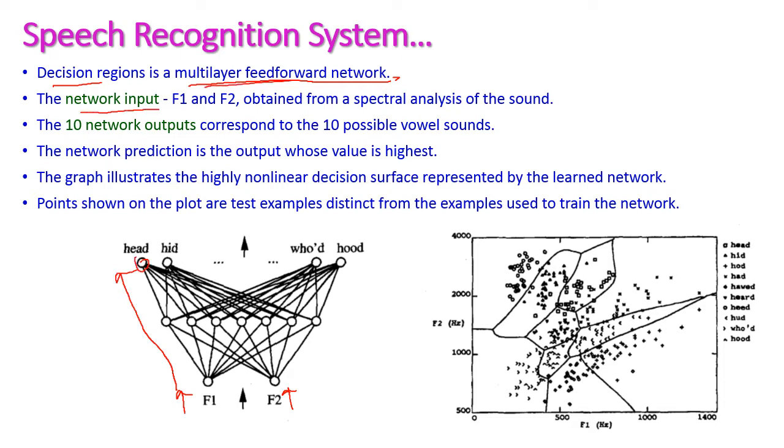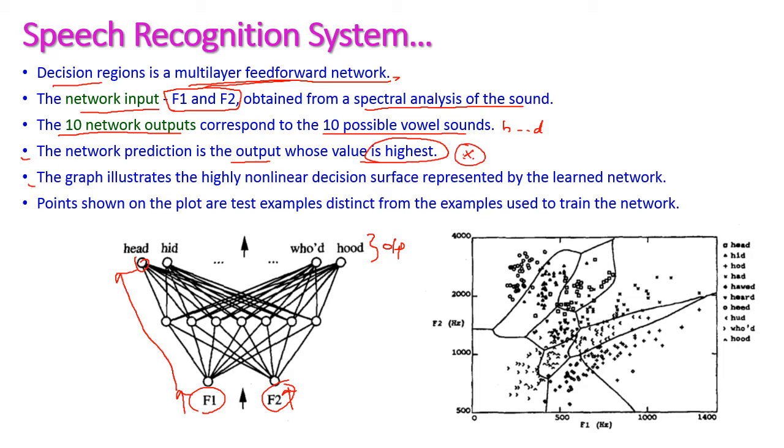Here the network inputs are F1 and F2, which are inputs obtained from spectral analysis of the sound, and 10 different outputs are there. That is 10 possible vowel sounds which are inserted between H and D. The network prediction is the output whose value is highest.